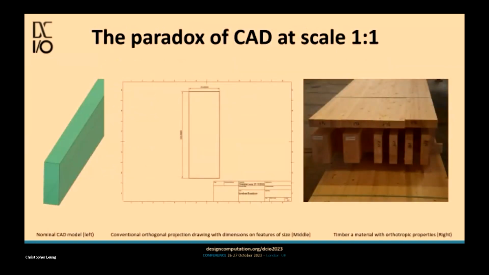And this also, I think, plays to the paradox of working in a CAD system at scale 1:1, where you have a nominal CAD model and you do a straightforward orthogonal projection of it.